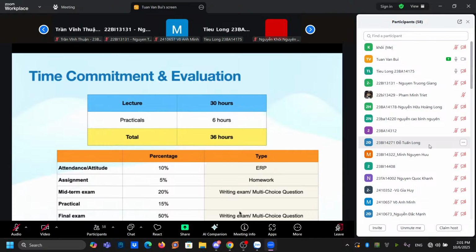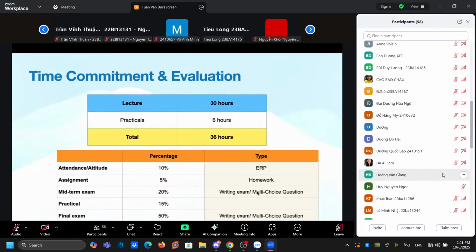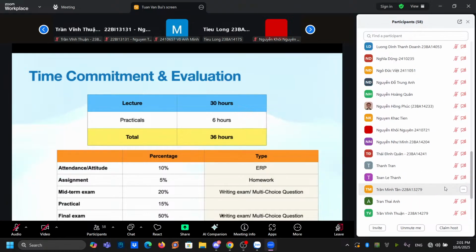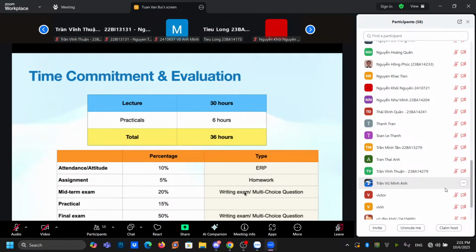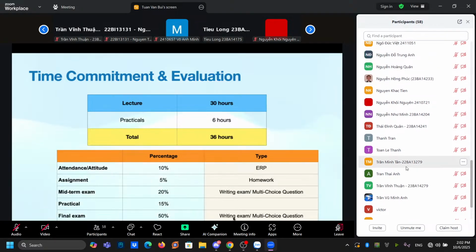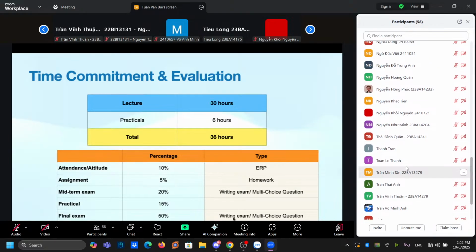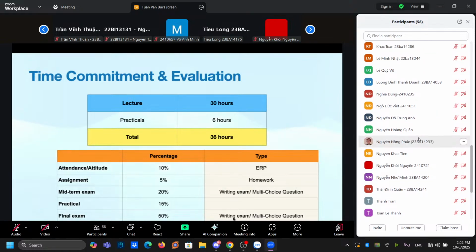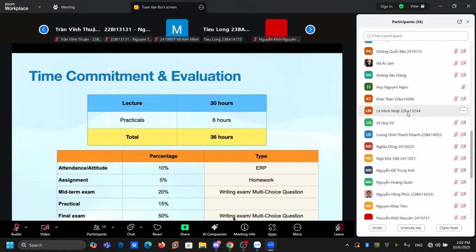For both exams, you will have some multiple choice questions plus some writing, so there are some exercises where you need to write a detailed answer. That is the very basic of the time commitment and evaluation that you should follow.